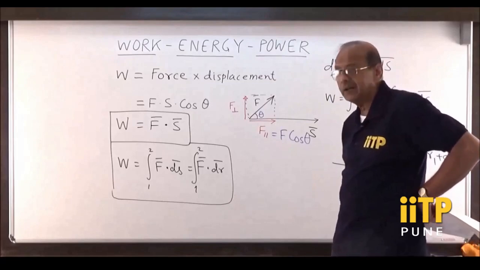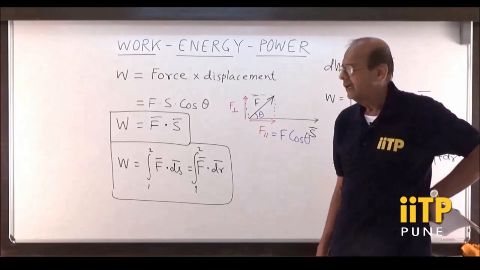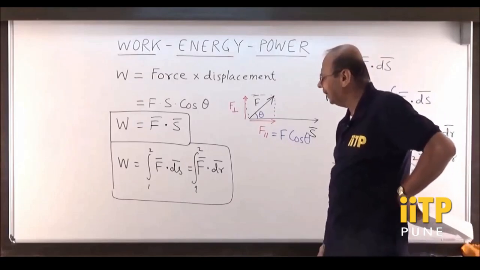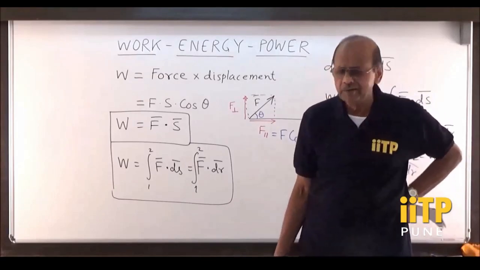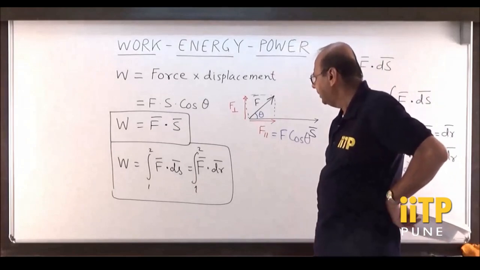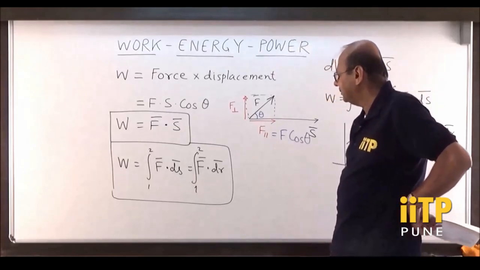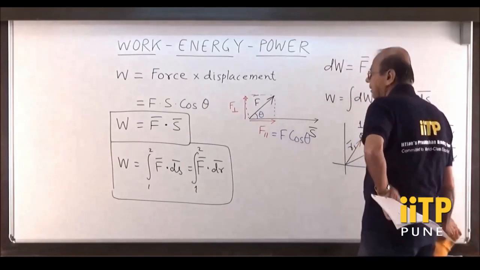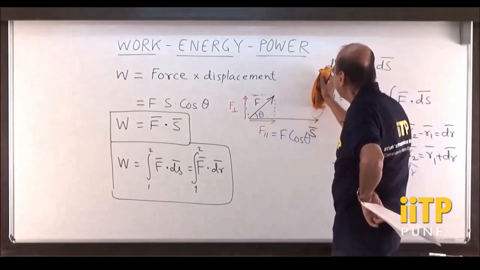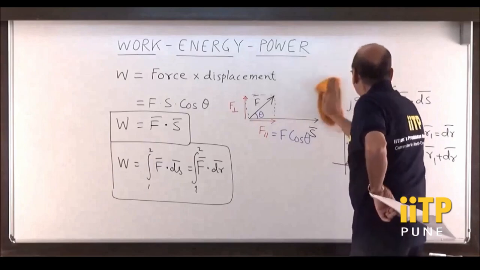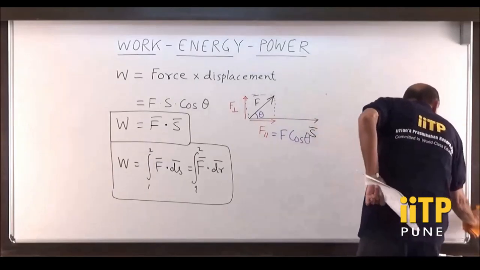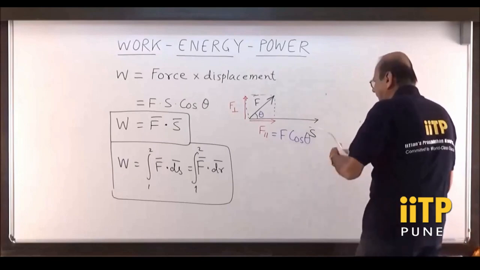Assuming that the object is moving in a straight line along say the x-axis, and its position along the x-axis is its coordinate along the x-axis, by our knowledge of calculus we can immediately conclude that the area under the F-x curve is actually the integral of F dot dx.